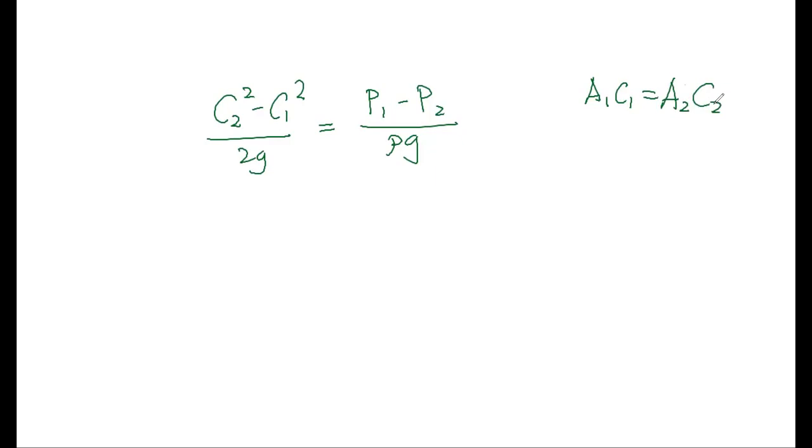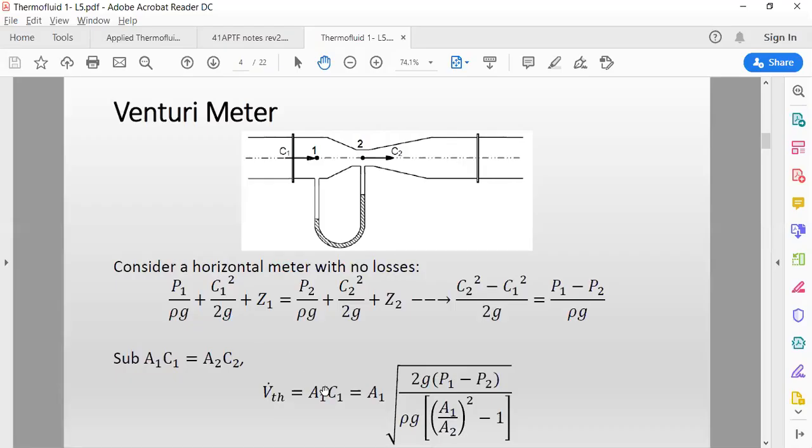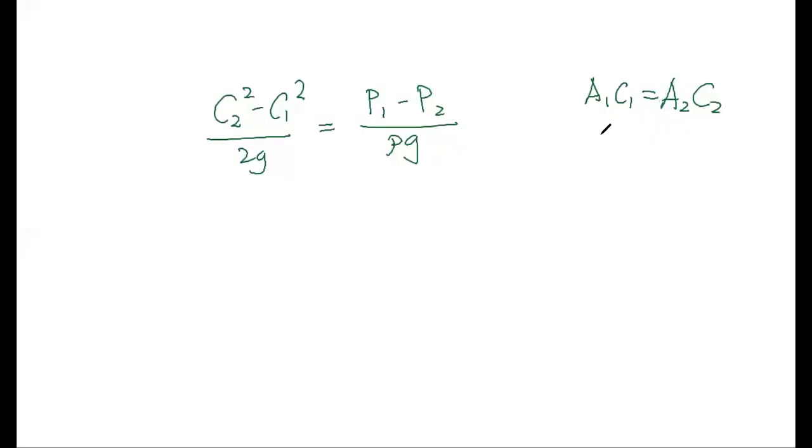Let me just try to follow whatever is in the slide. I want everything in terms of C1, so I will replace my C2. C2 equals A1 over A2 C1. This is my equation 1, and this is my equation 2.